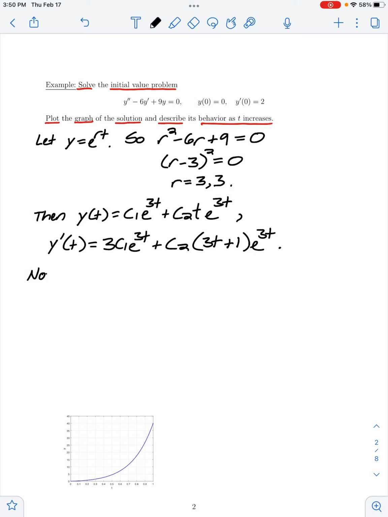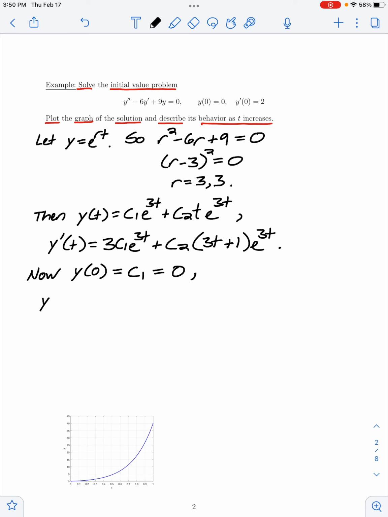So now applying our initial conditions, y of 0 gives us c1 times e to the 0, so just c1, plus c2 times 0. So we just have c1, and we were told that this must be equal to 0.